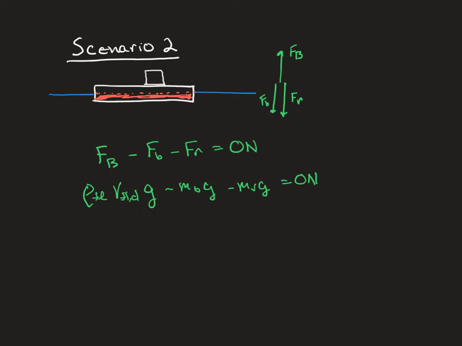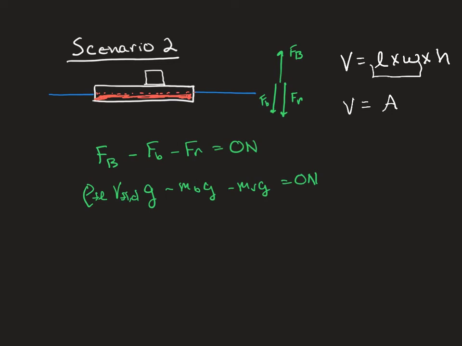So for a rectangular prism, volume is equal to length times width times height. So length times width here is going to be the surface area of the raft. So that's something you might be given in the problem or something you might be asked to solve for.